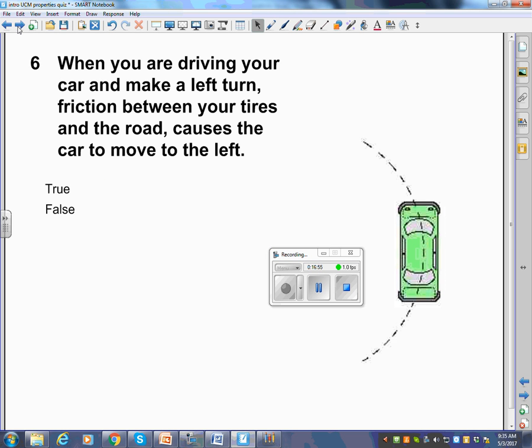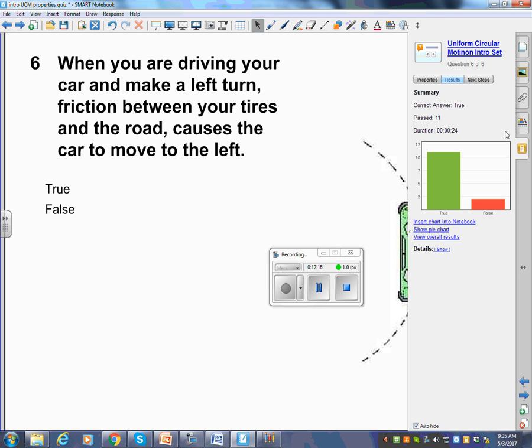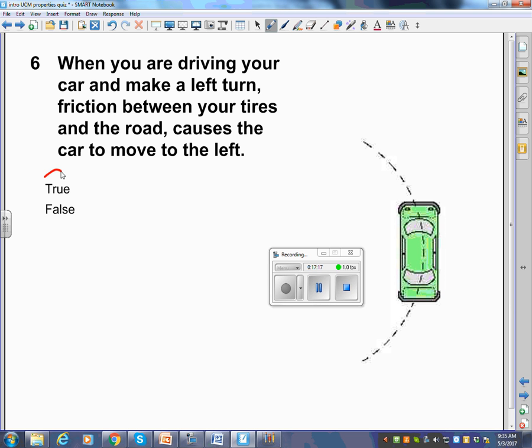When you're driving, now this is something freaky. Every time I teach this, I drive home and I'm forced to think about this. When you're driving your car and you make a left turn, it's friction between your tires and the road that causes the car to move to the left. And the answer to that is true. You turn your wheels, but for there to be a change in direction, there has to be an acceleration, and therefore there has to be a force.